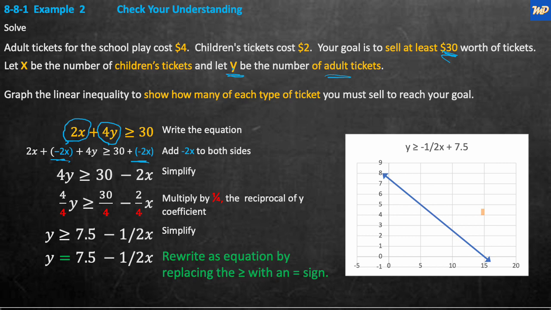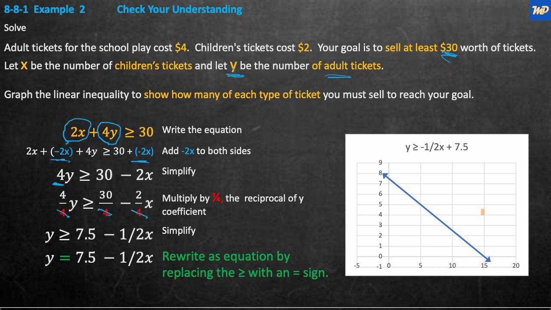Okay? So now I have to get rid of the 4 in the 4y part. We have to get the y by itself. So we're going to multiply by the reciprocal of 4, which is 1 over 4. And so that means we're going to divide by 4 on this side and divide by 4 of each term on the other side. Everything gets divided by 4.